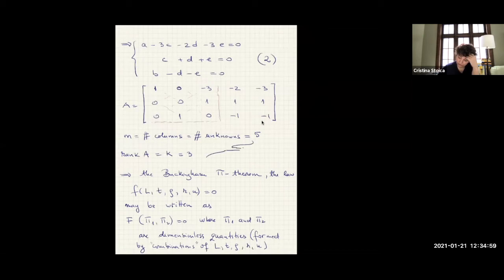So from here, we deduce that there are m minus k, 5 minus 3 equals 2 independent variables, and then apply the Pi theorem. All right, the point is that now we can solve that system. We'll have 2 independent variables, and then we're going to form the pi 1 and pi 2, the dimensionless quantities. So let's see.